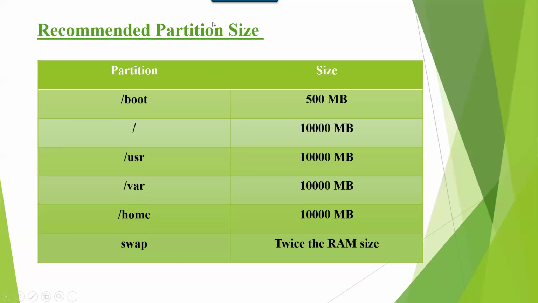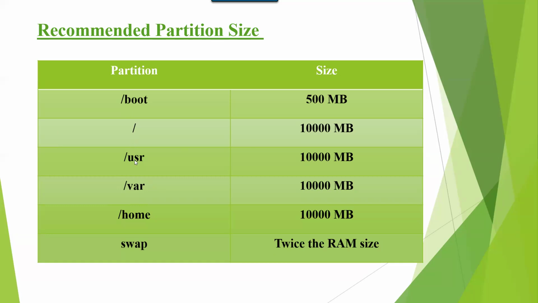So, in order to store all that information, var requires space. If there is no space, it cannot store the data. Log files it cannot store. That is the reason it is recommended in server PCs to create /var so that they will give more space to the var directory in order to store log files.